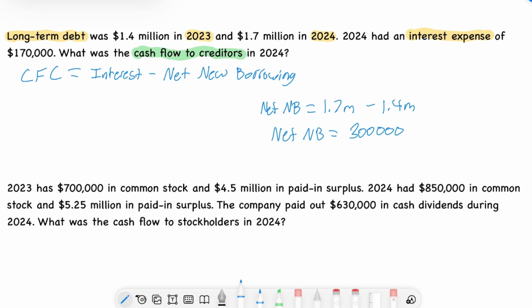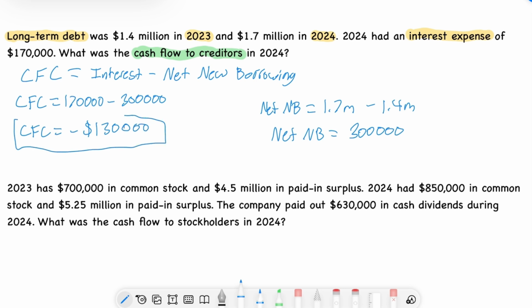We paid an interest expense of $170,000. So let's put all of our pieces into our equation. So we've got our cash flow to creditors equals $170,000 minus $300,000. That means our cash flow to creditors is negative $130,000.